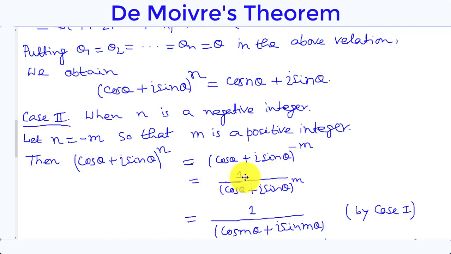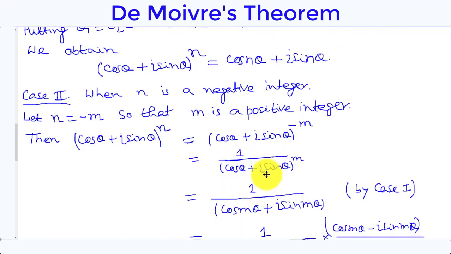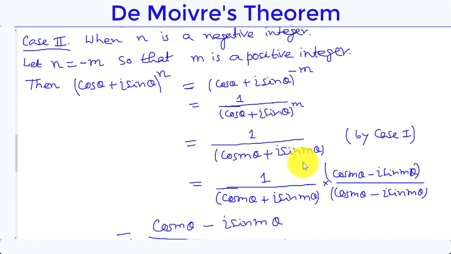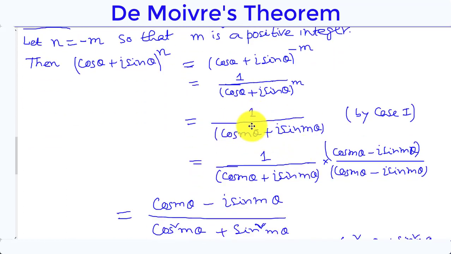This is equal to 1 by (cos theta plus i sin theta) whole raised to the power m. This is equal to 1 by (cos m theta plus i sin m theta) by case 1, where m is a positive integer.